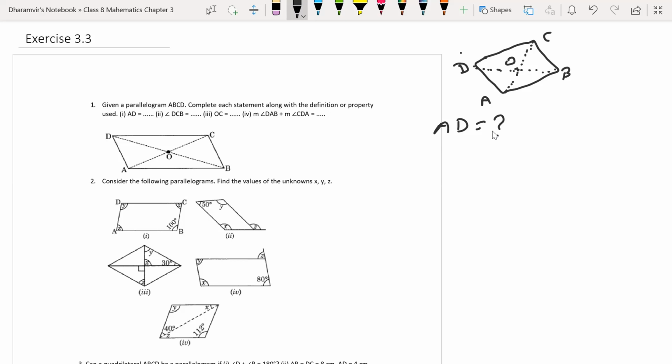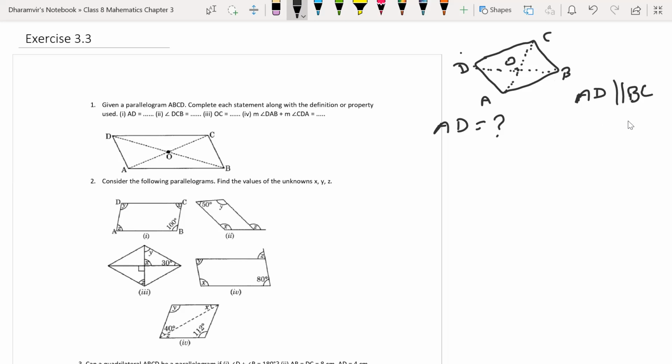AD and BC are parallel lines, AD is parallel to BC.